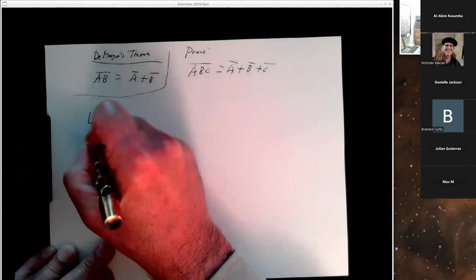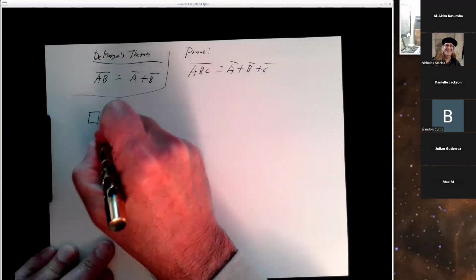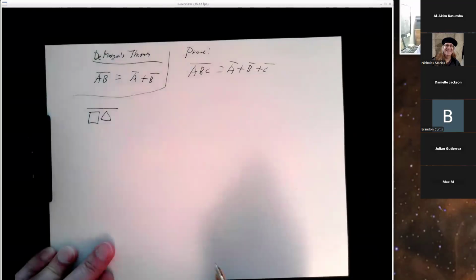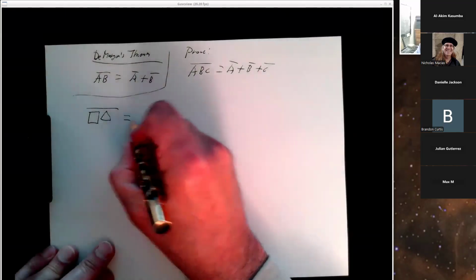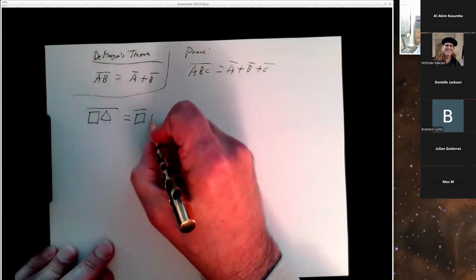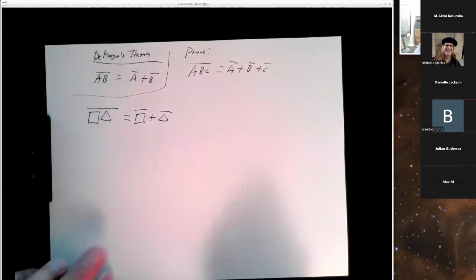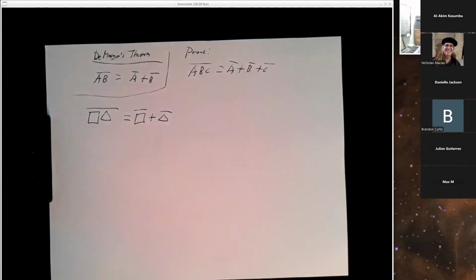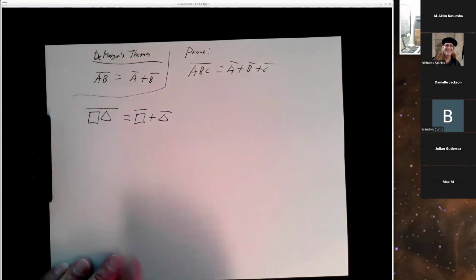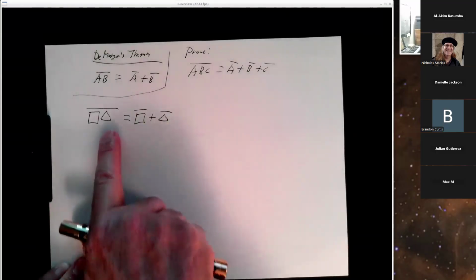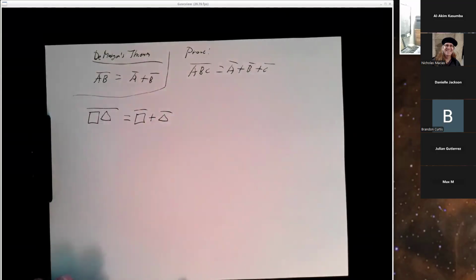So this is where I suggest using boxes instead of letters. Right? So square triangle bar equals square bar or triangle bar. And I can put anything in here that I want, as long as what I put in this box is in that box and that triangle is in that triangle.